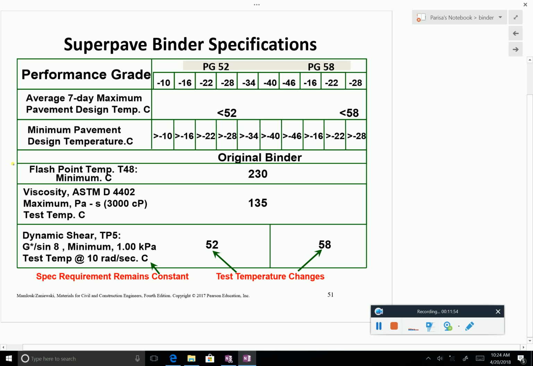You have to ensure, for example, the flash point temperature, that I'll tell you today what this is, what the minimum is, or the viscosity measured at a certain temperature, and dynamic shear modulus, which we want to see what each one of these are.